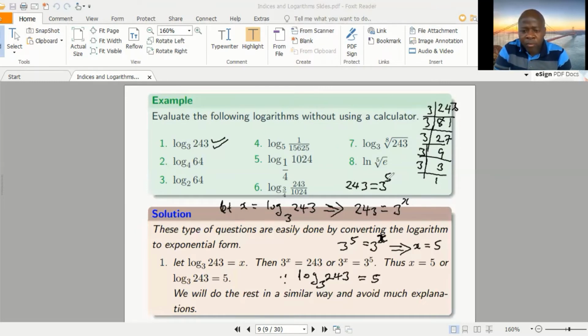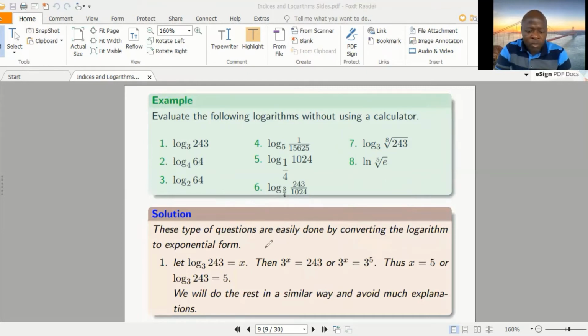We discovered it would be 3 raised to 5. So 243 is the same as 3 raised to 5. What this statement is saying is that 3 raised to 5 equals 3 raised to x. The bases are the same, so we can equate the powers, which means x will be 5. For the sake of writing your notes, I have already done this question here, so you can just write these notes. Every step that we've done is just as shown.